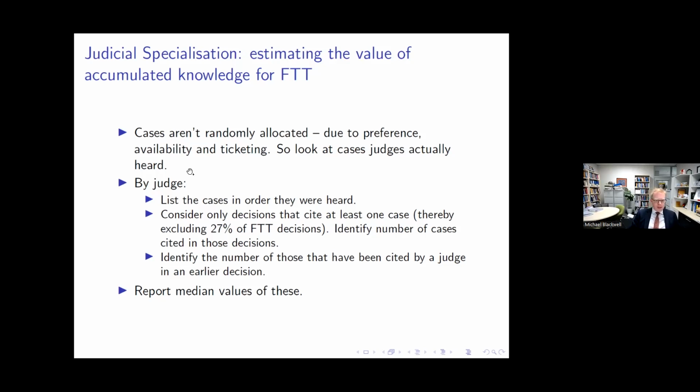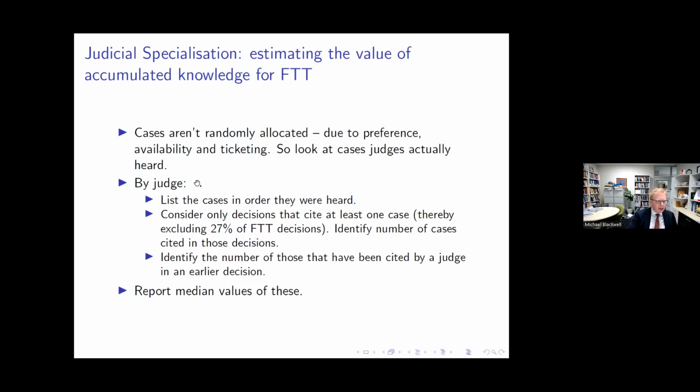So what I did was I got the cases, and the computer did all of this for me. It ordered them by the order in which the judges heard the case. Then it looked at cases and identified the number of cases that were cited in those cases.